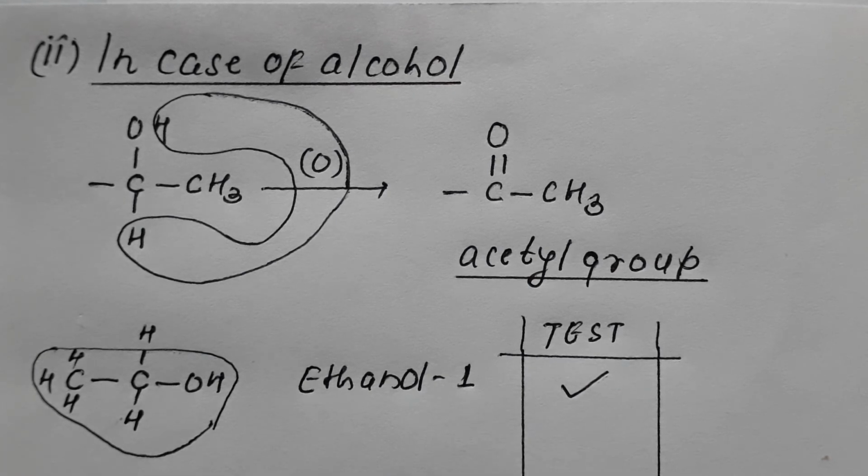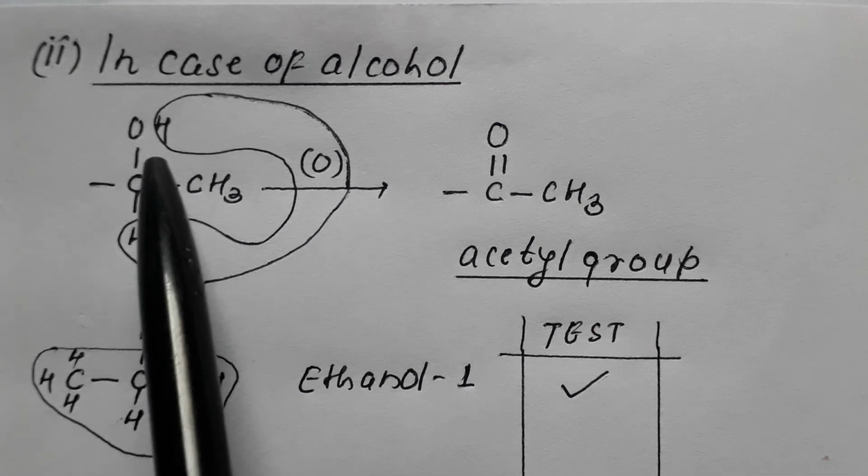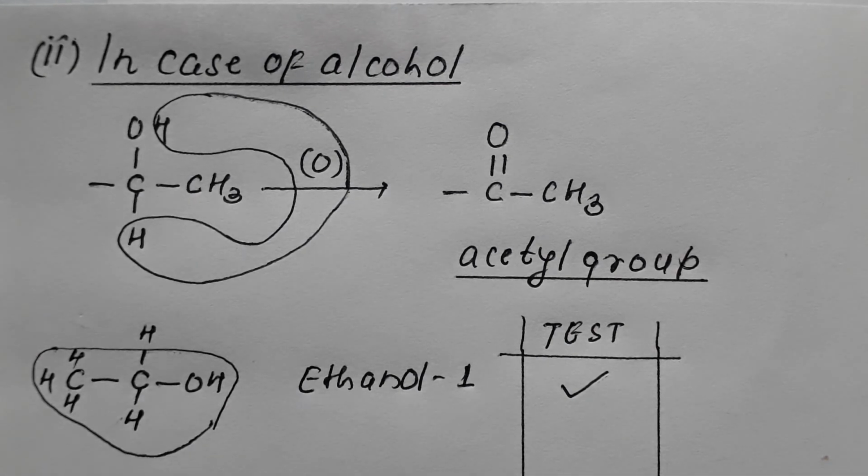In case of propanol, the carbon having OH has one hydrogen attached, but not methyl; ethyl is attached. So the required group is not present, therefore propanol 1 will not give the test. But if we discuss propanol 2, CH3CHOHCH3, this CH3CHOH group is present, therefore it will give the test.